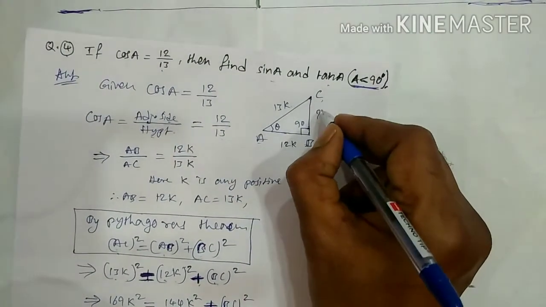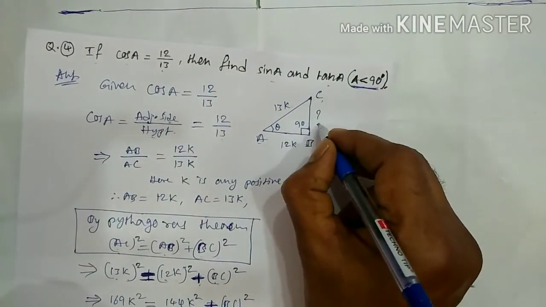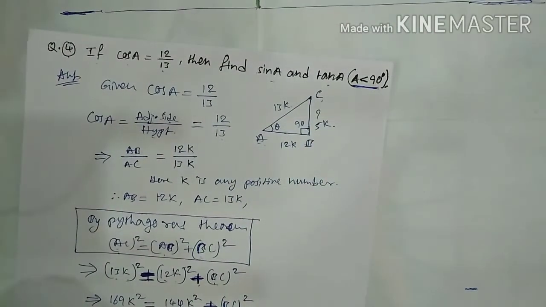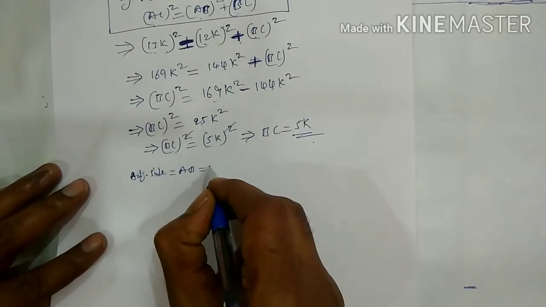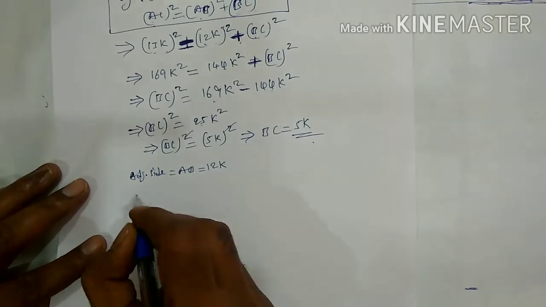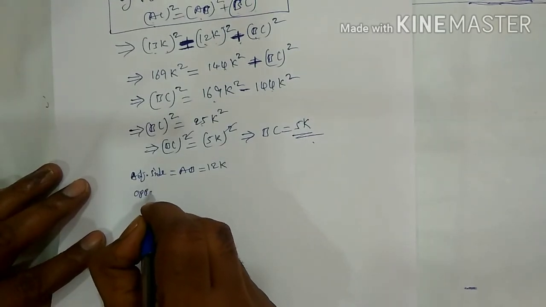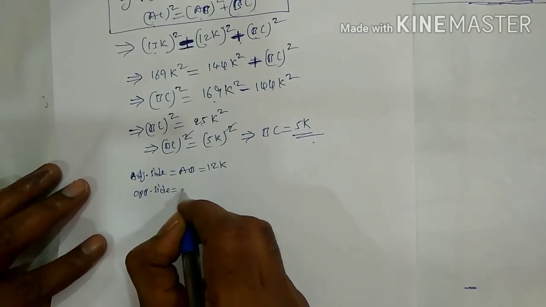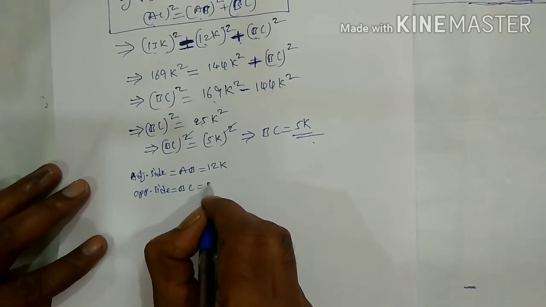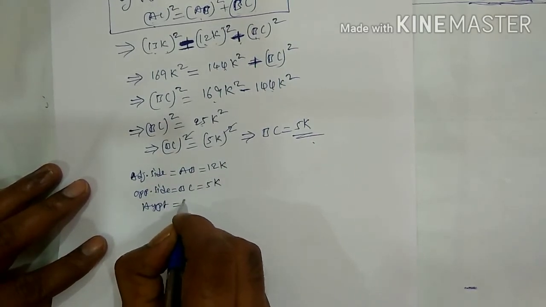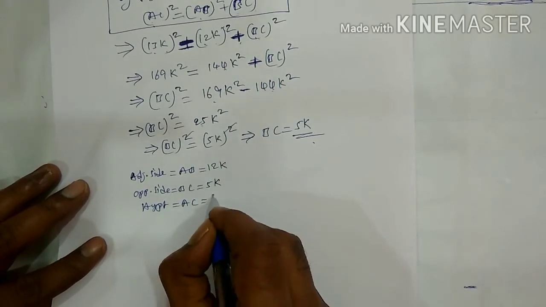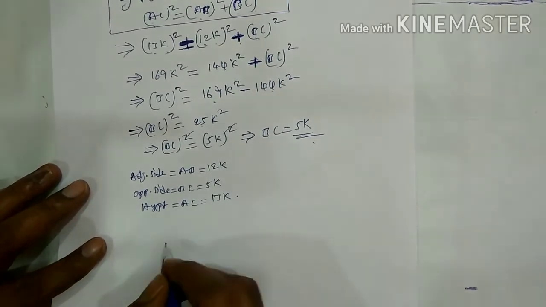We got it. Opposite side is 5K. Adjacent side AB is equal to the given 12K. Opposite side BC is equal to 5K. Hypotenuse AC is equal to the given 13K.